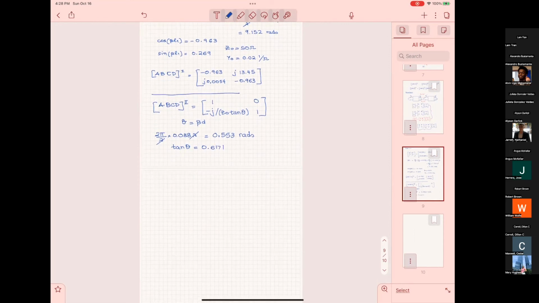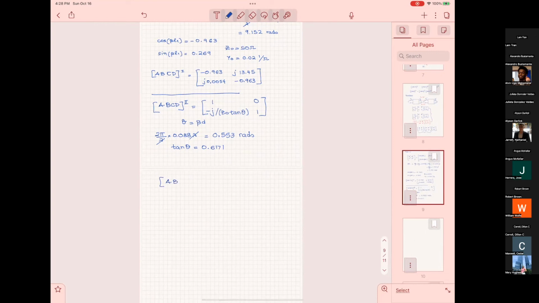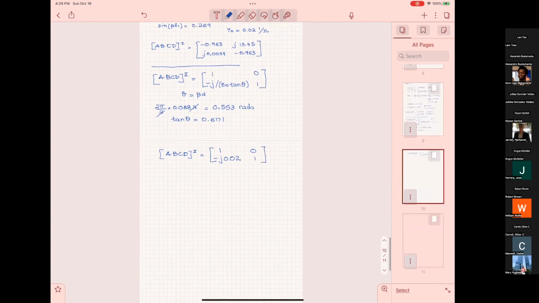And therefore ABCD 2 is going to be 1, 0, and then minus j divided by 50 times 0.6171, 1, and that makes it 0.021.